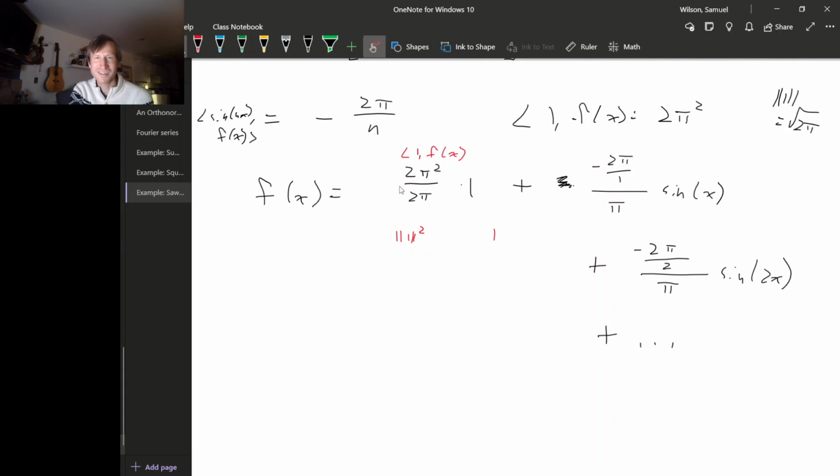So, of course, most of this cancels. All this stuff cancels, leaves a pi behind, plus, sorry, minus, and then all the pi's cancel from all of these. So 2 over 1 sine x minus 2 over 2 sine 2x minus 2 over 3 sine 3x, and so on.